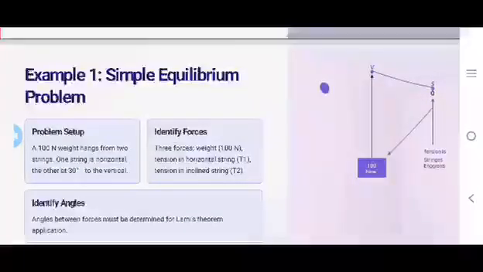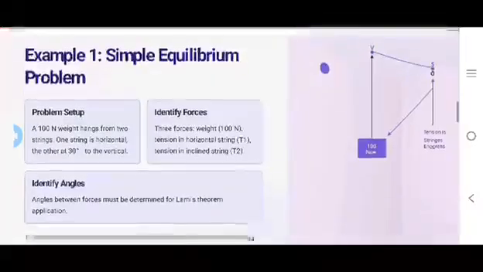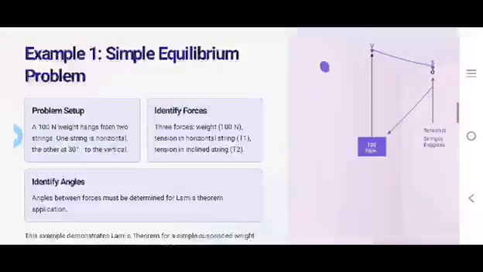First example is a simple equilibrium problem. This diagram shows a 100 newton weight, with tensions in the strings. Problem setup: a 100 newton weight hangs from two strings. One string is horizontal, the other is at 30 degrees to the vertical.